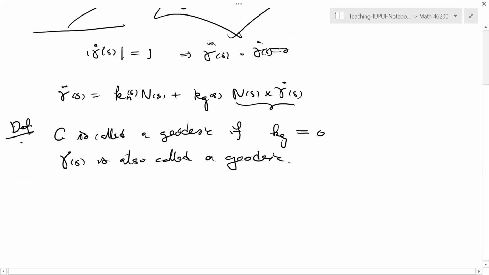Then we find this is equivalent to saying that gamma double dot s is parallel to the normal vector field. This is another definition.